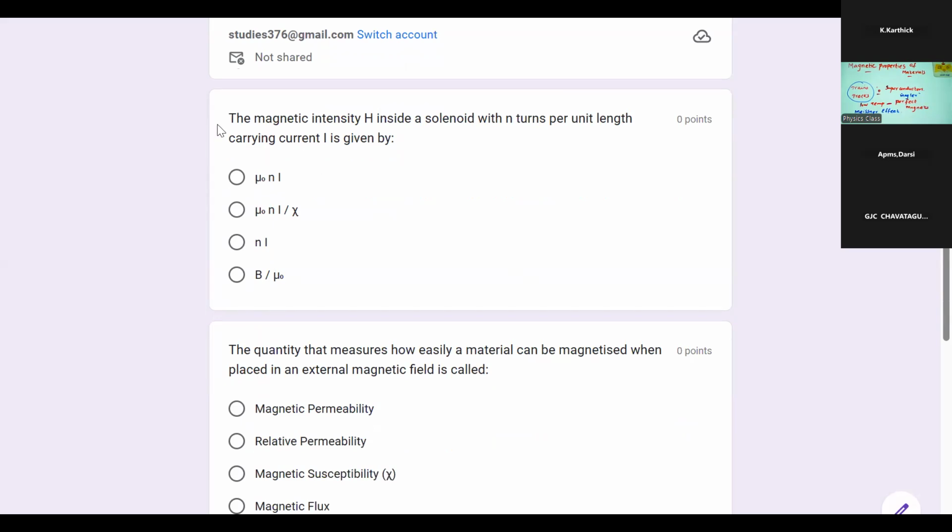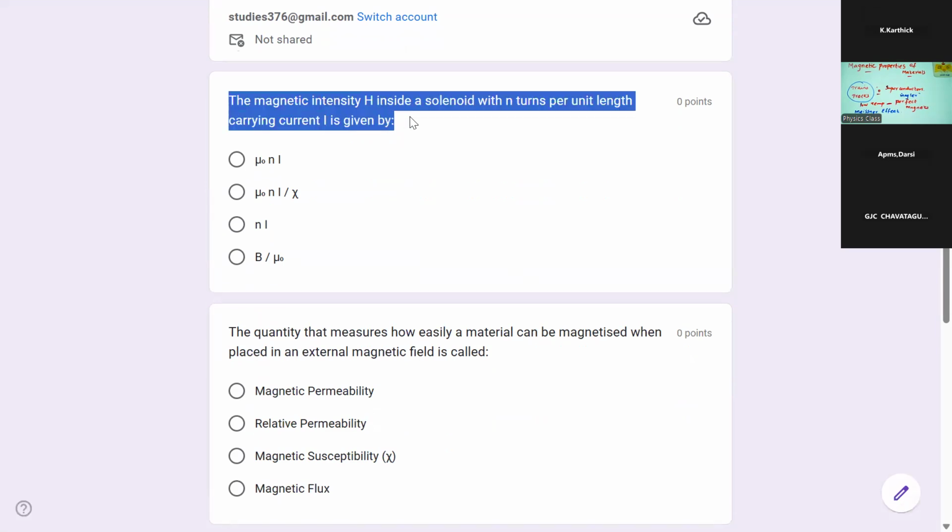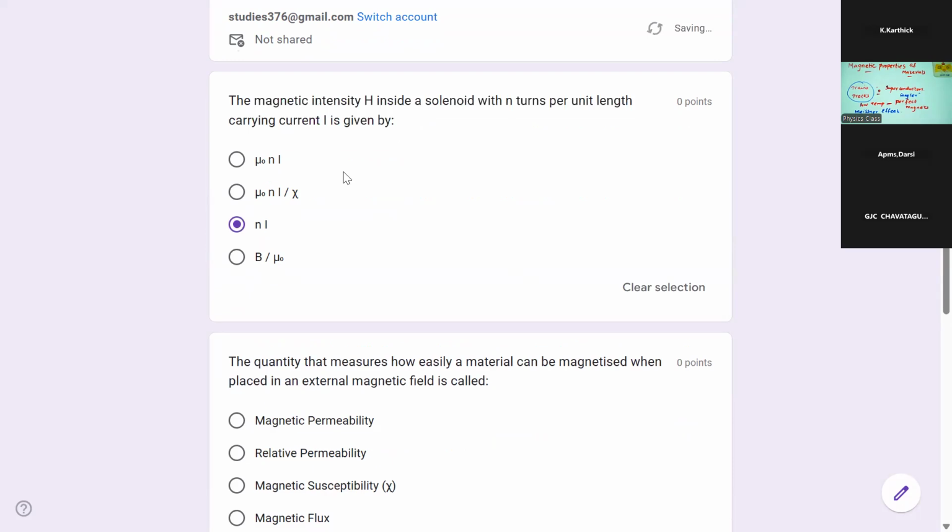First one: the magnetic intensity H inside a solenoid with n turns per unit length carrying current I is given by which formula relating H, n, and I?